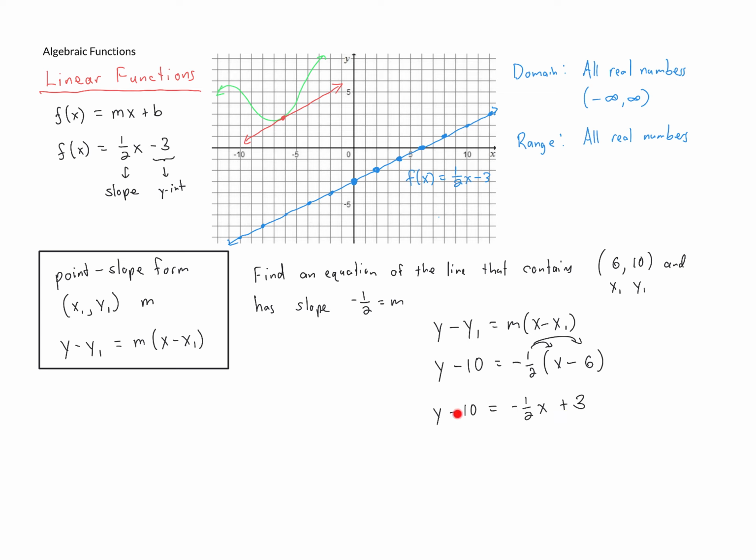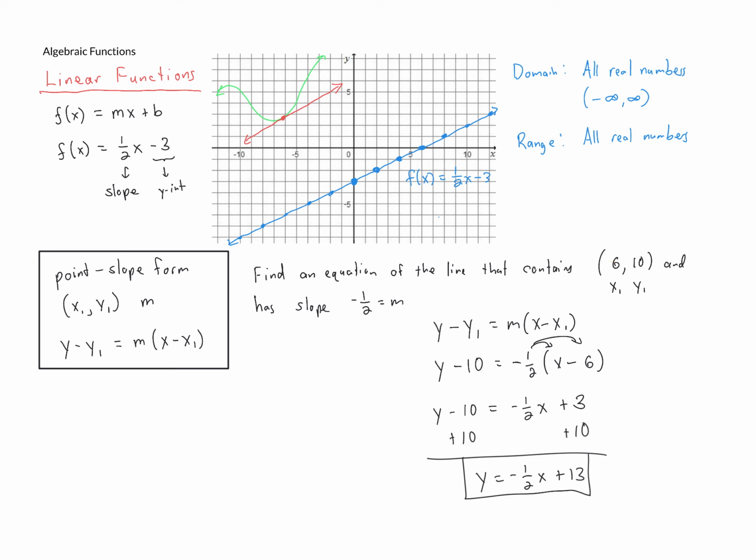And then to get y alone, we add 10 to both sides of that equation, and this leaves us with y equals -1/2x plus 13. So that is the equation of the line that contains this point and has this slope.